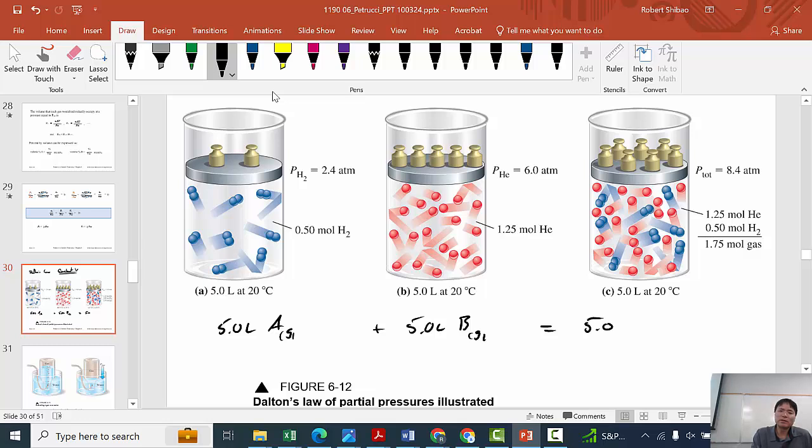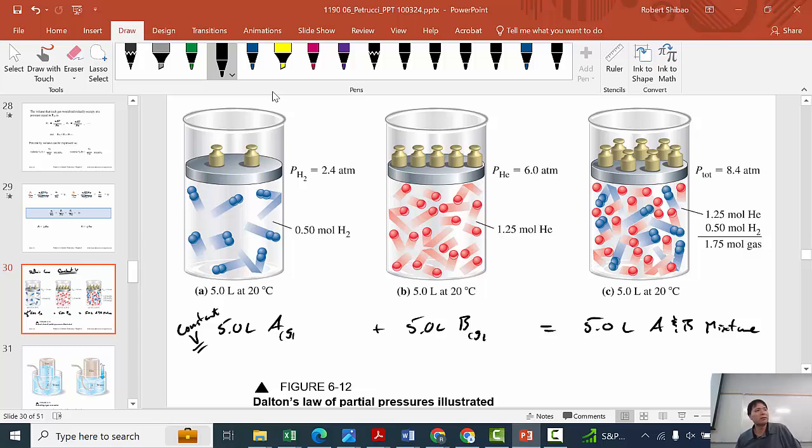No, 5.0 liters of A and B mixture. The reason is it has to be done under constant volume. That means all the volumes are the same.